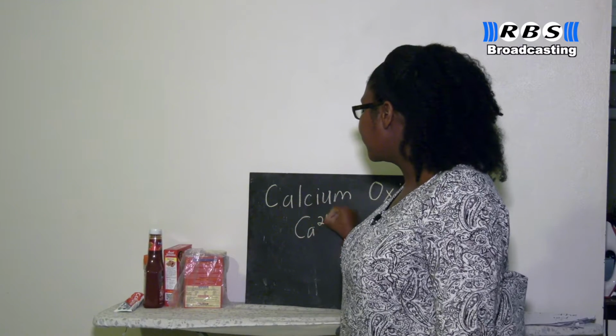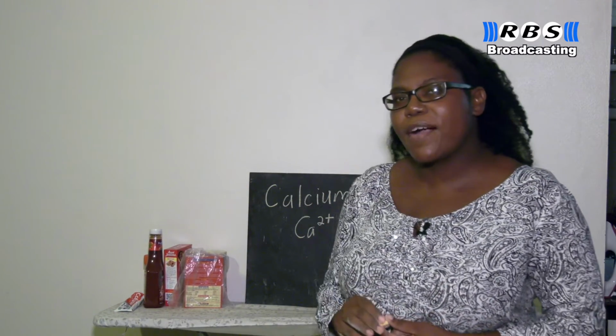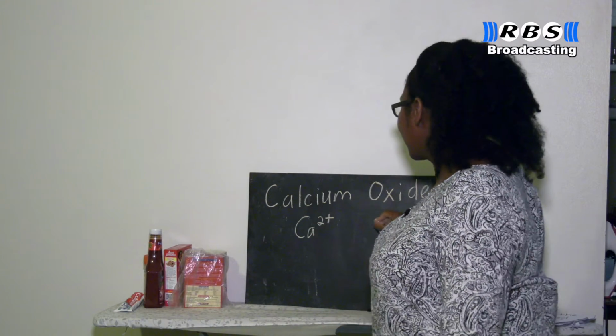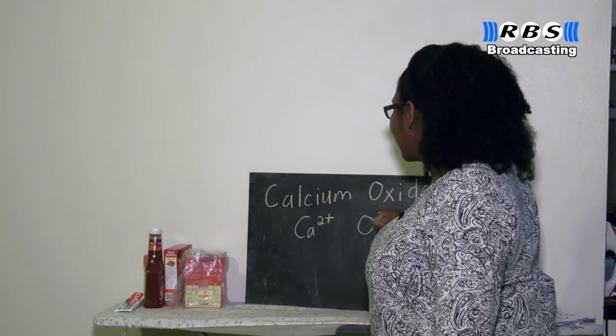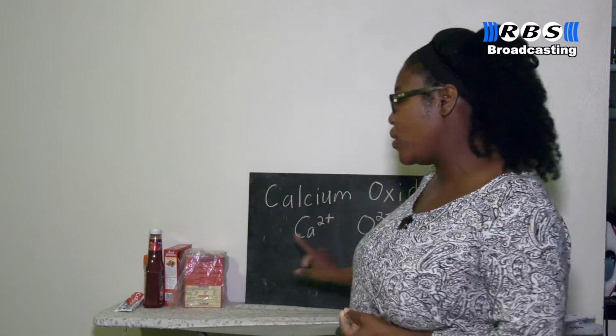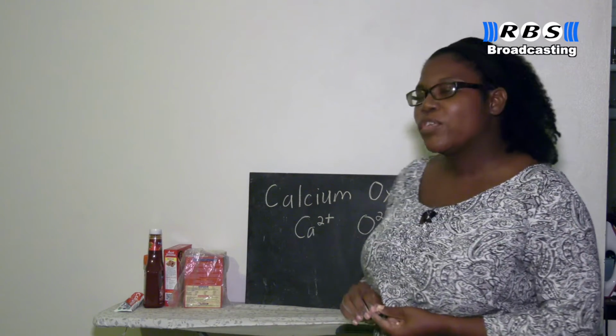Calcium, its ion is Ca2+. The oxide ion is O2-. That's a capital O. So what is the formula of calcium oxide?